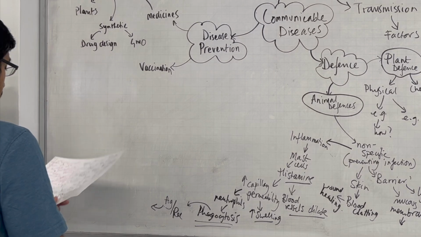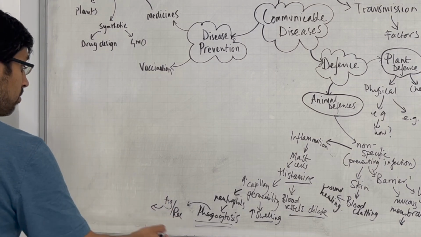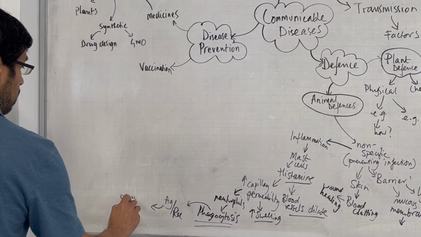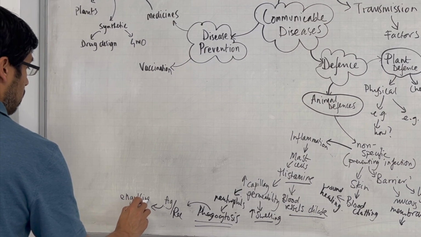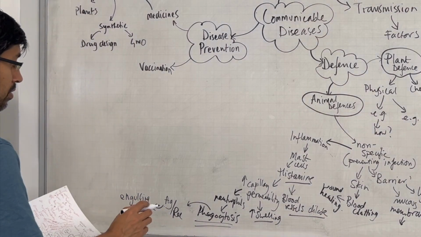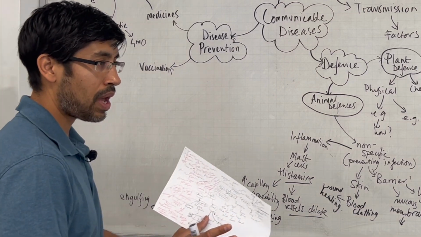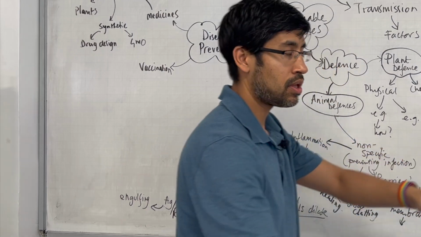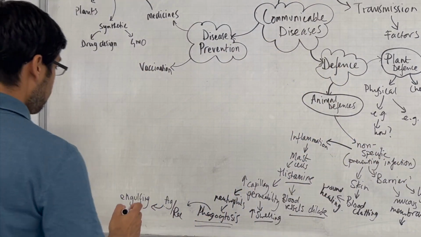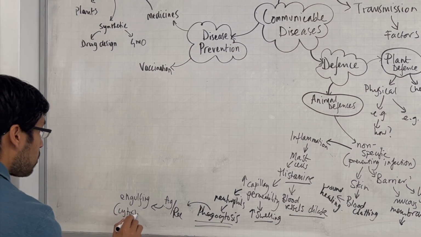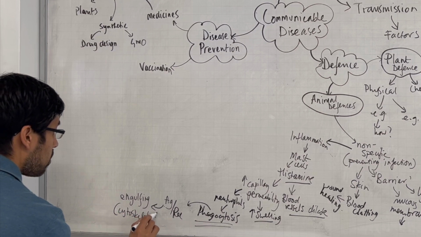And then we have the engulfing stage. Because the two are interacting, we have engulfing. The interaction allows the phagocyte to wrap its membrane around the pathogen, and that's all because of the regulation of the cytoskeleton.